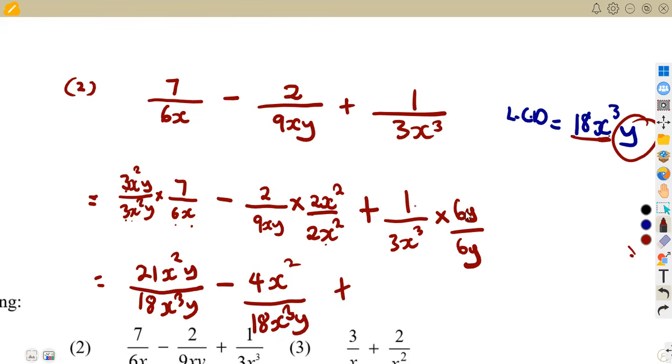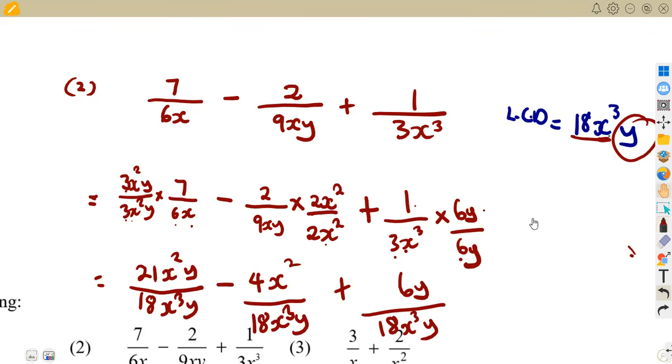Plus, you do the same, 1 times 6y on top is going to be 6y over 3x cubed times 6y. If you multiply these two, we are going to obtain 18x, 3 and 6, that's 18. We're going to have x cubed y in that case.